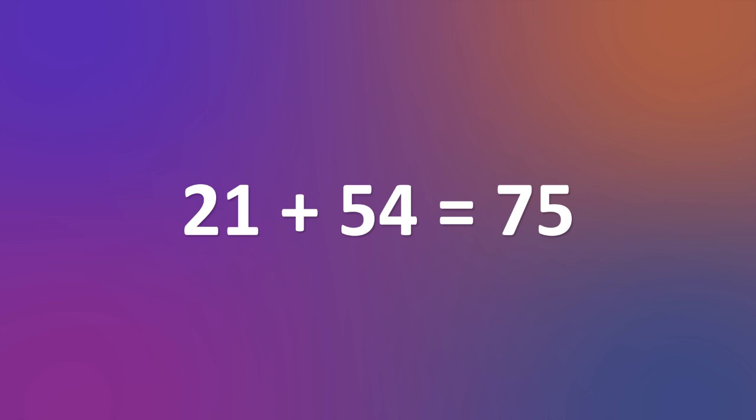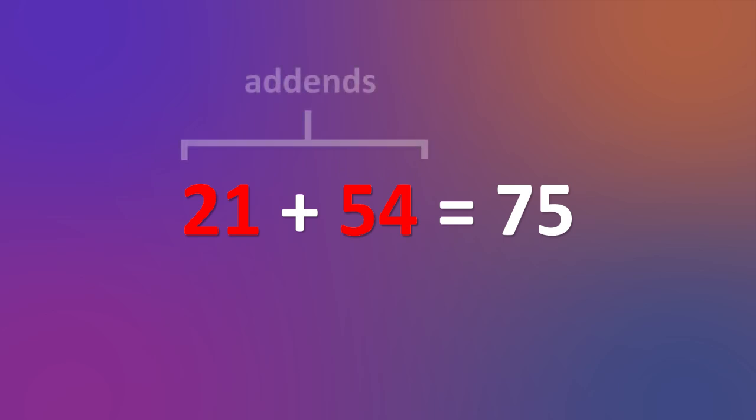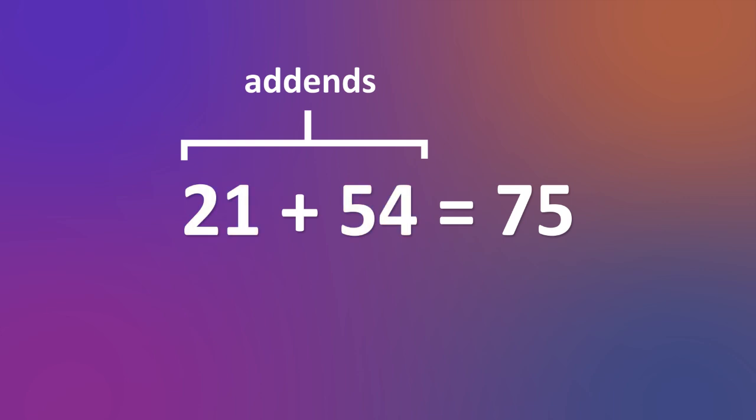Take a look at this. We have here 21 plus 54 is equal to 75. Do you know what 21 and 54 are called? Right, they are called addends. Now, what do we call 75 here?